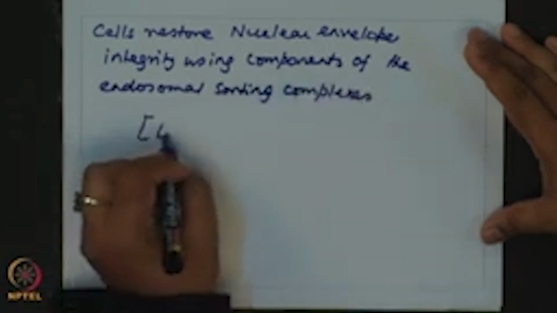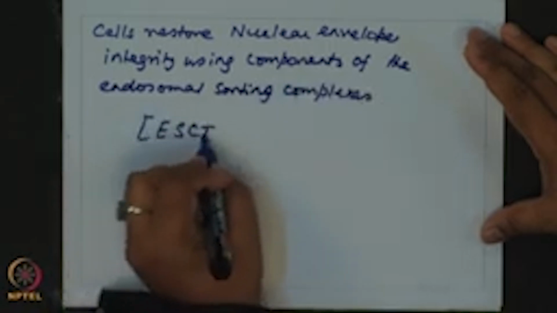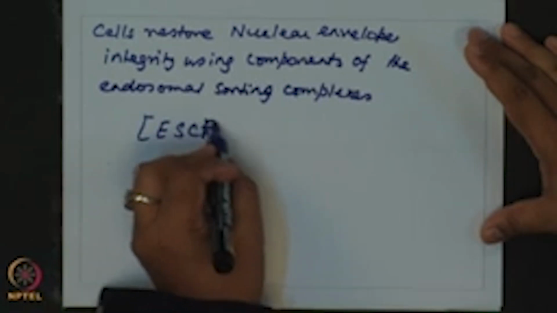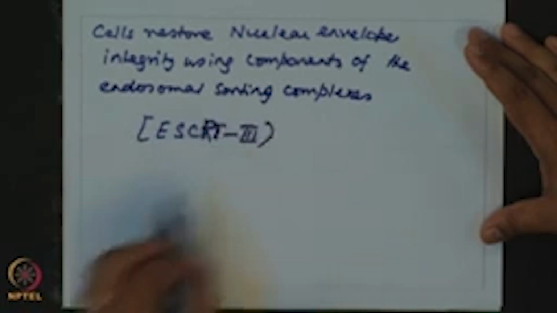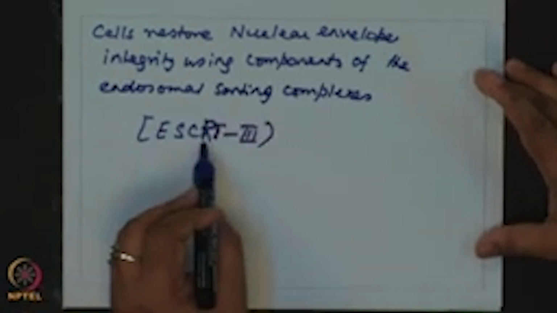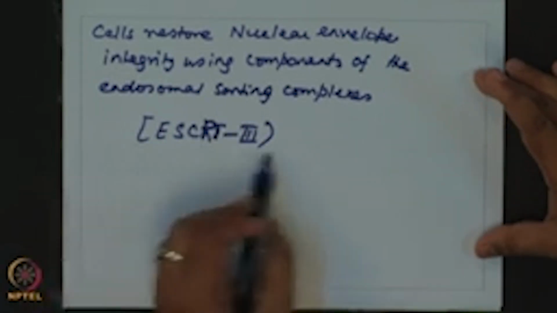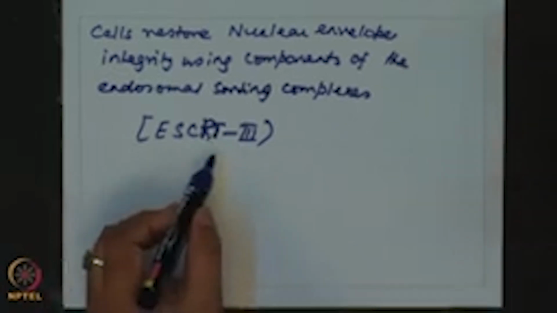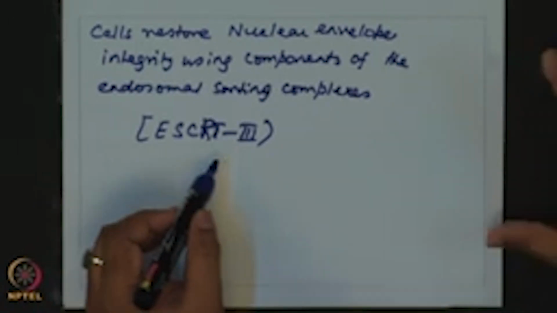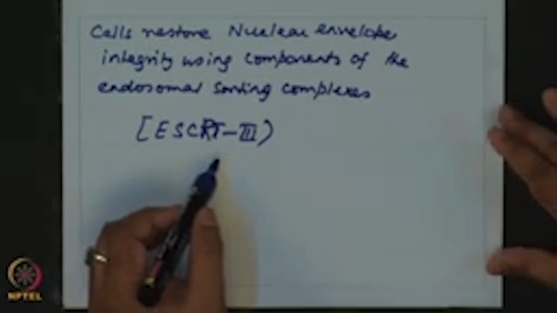So, you have this family of agents called ESCRT3. Okay. So, these are required for transport. ESCRT mediates again resealing of the nuclear membrane.